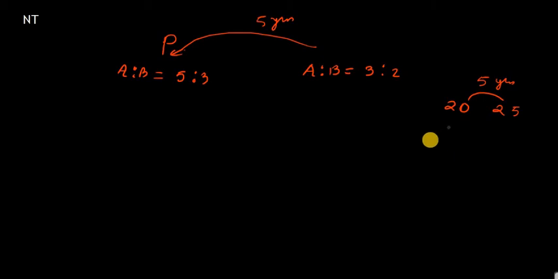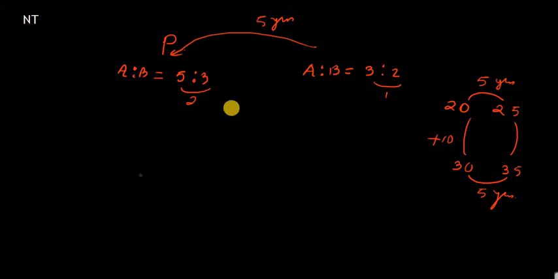After 10 years, one is 30 years and the other is 35 years, so the gap is still 5 years. So the gap remains the same. Here the ratio 5:3 gives a gap of 2, and 3:2 gives a gap of 1, so we multiply the ratio by 2: 5 times 1 is 5, 3 times 1 is 3, and 3 times 2 is 6, 2 times 2 is 4, so the gap is 2 in both.